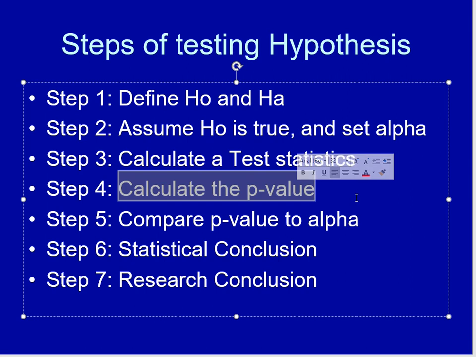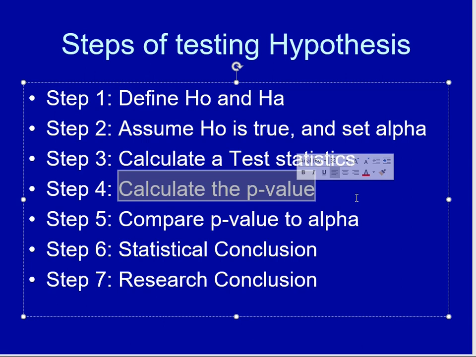Again, let me remind you what a p-value is: the probability of observing results as extreme as the one you observed or more extreme, with the condition that the null is true.